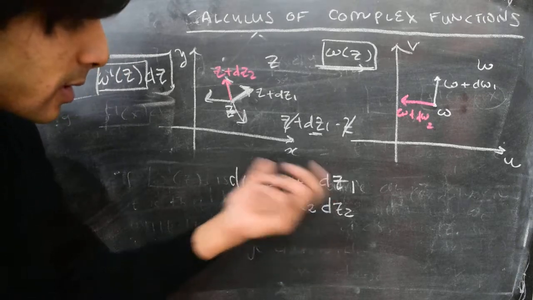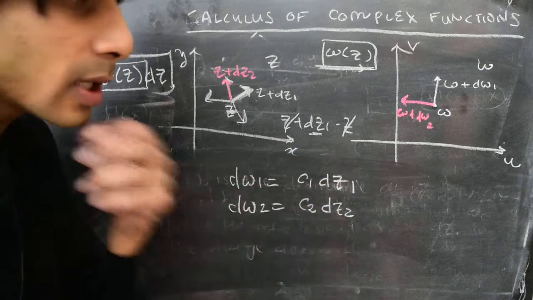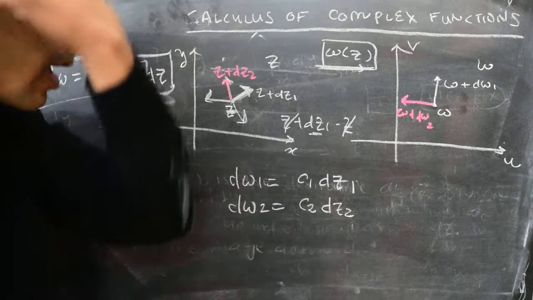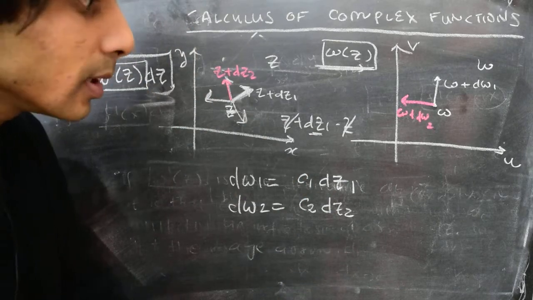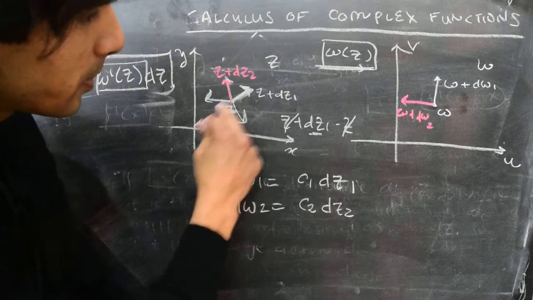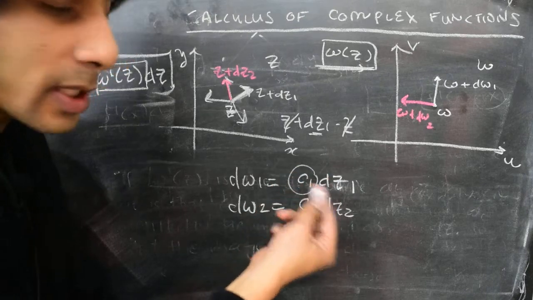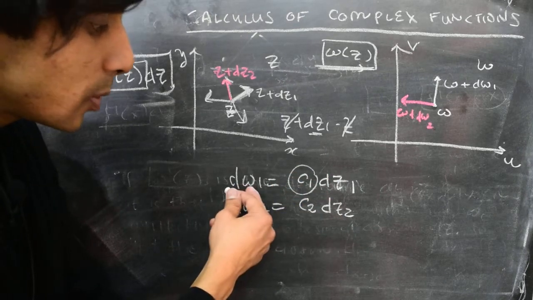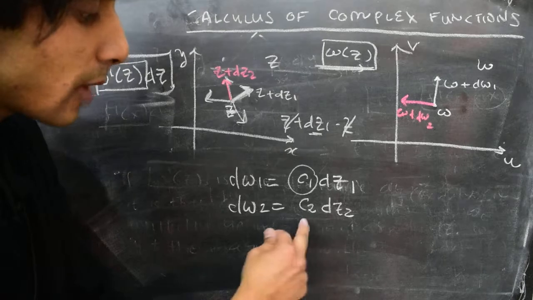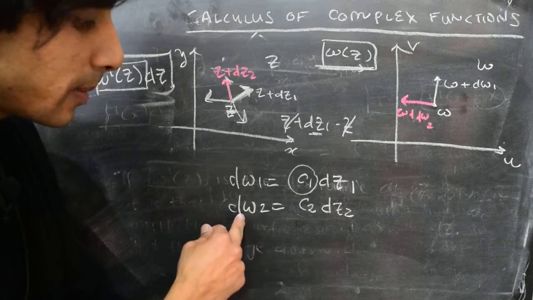In fact, this kind of scenario happens with a very simple function, and we'll talk about an example where, if you move in one particular direction dz1, you have to multiply it by one complex number c1 to get the image arrow dw1, and if you move in another direction, you have to multiply it by some other complex constant c2 to get the image arrow dw2.